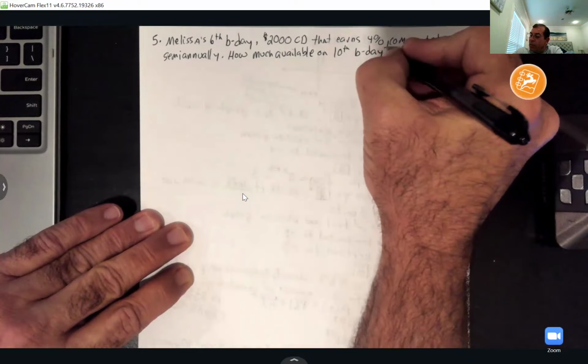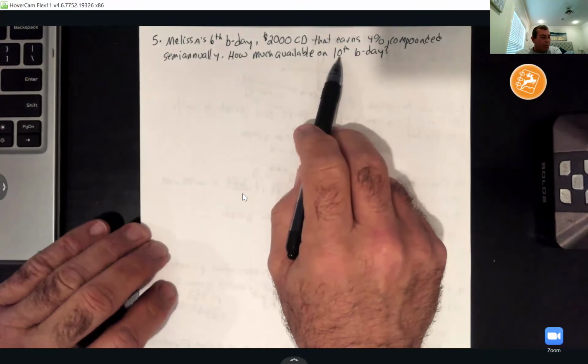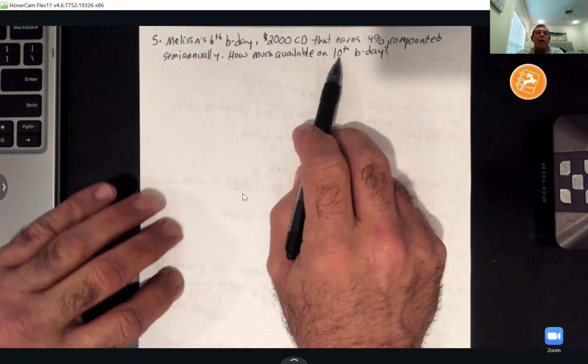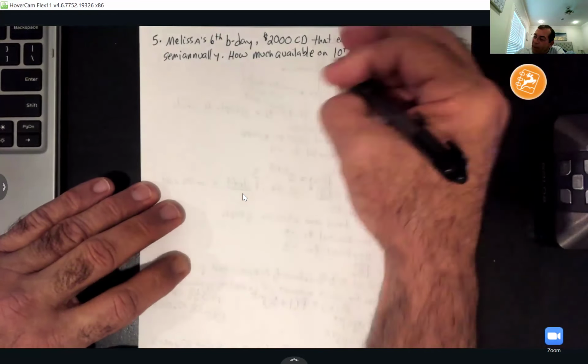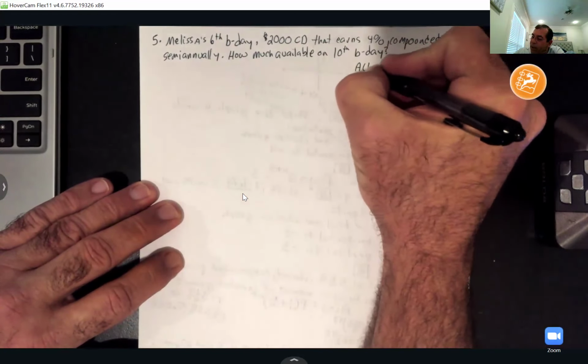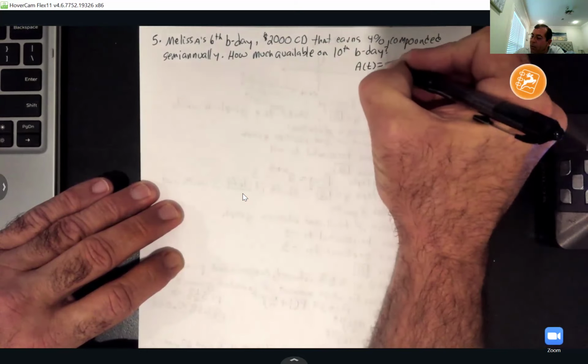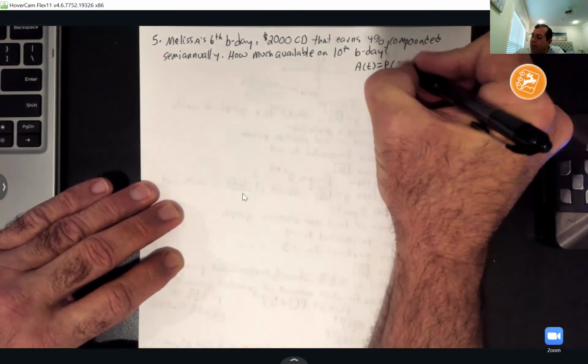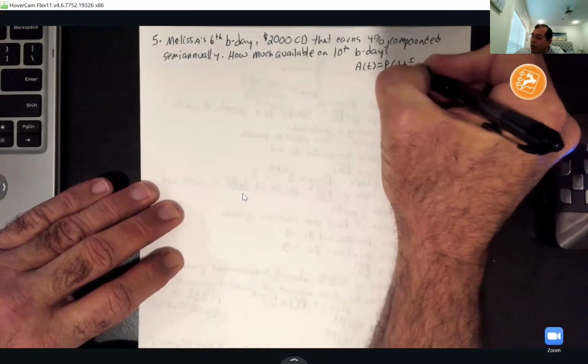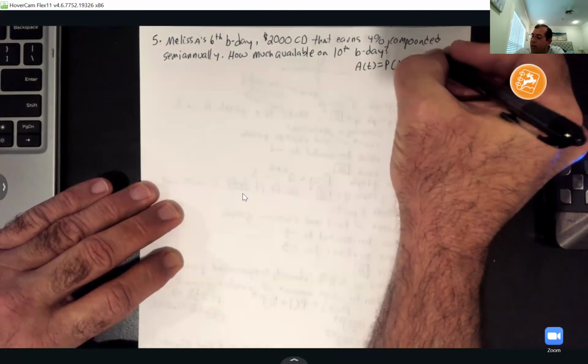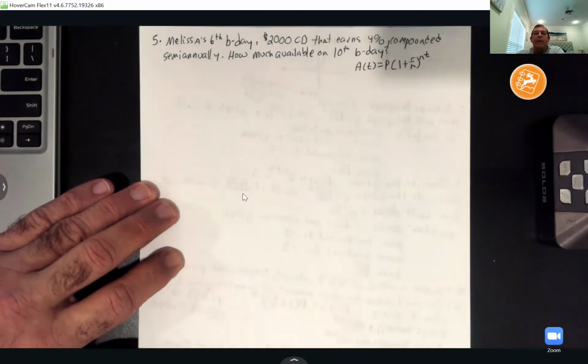So that's when this is going to mature. It matures on her 10th birthday. So we want to know how much money will be available. So we're still using our formula. A of t will equal P times 1 plus R over N to the NT.